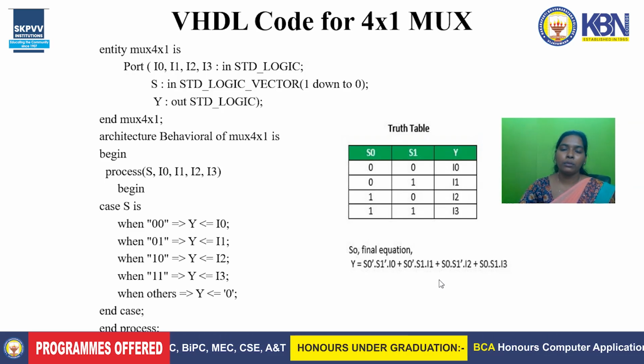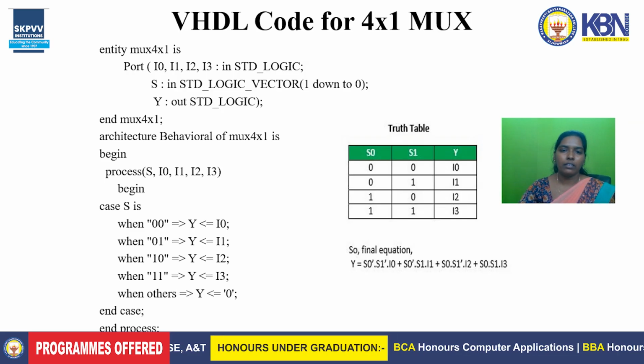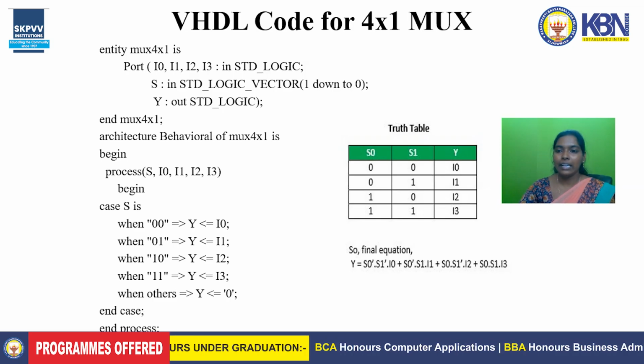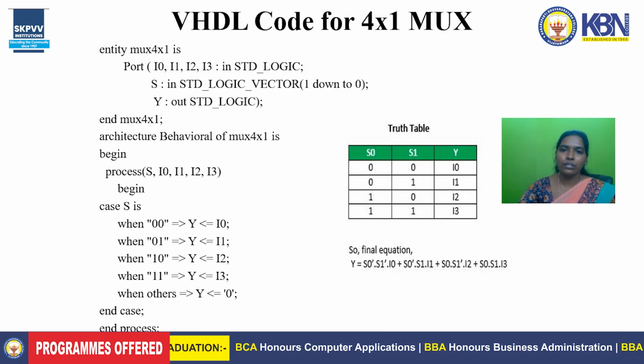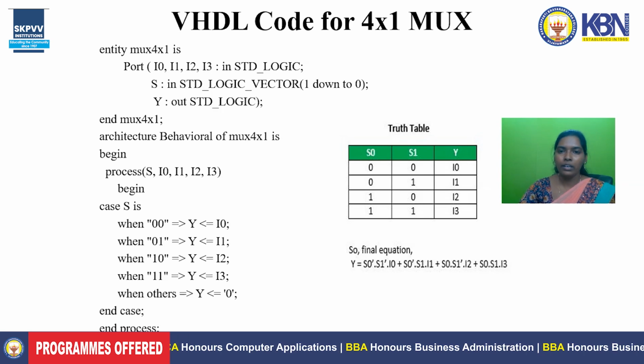To get an output, we'll run this code in the Xilinx software, ISE Design Suite 14.1. After giving the code and running it, it will check for errors, and if there are no errors, it will take us to another page where we give our inputs and get our output.